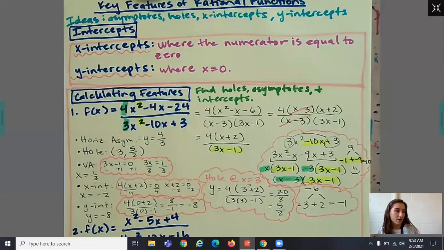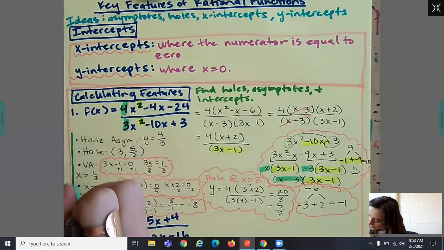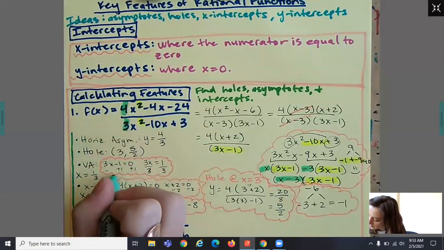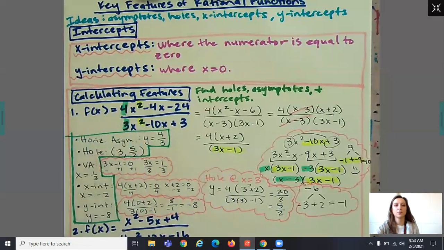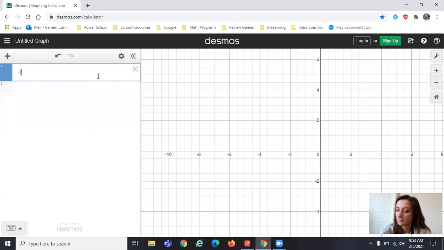Okay, that problem was quite lengthy, but we are just going to go check our answers in Desmos. So let's go to Desmos and let's just make sure that all of these features actually line up with what we have. So I'm going to go to Desmos. I'm going to type this in.